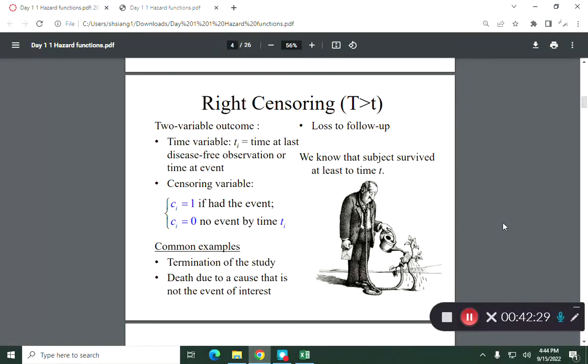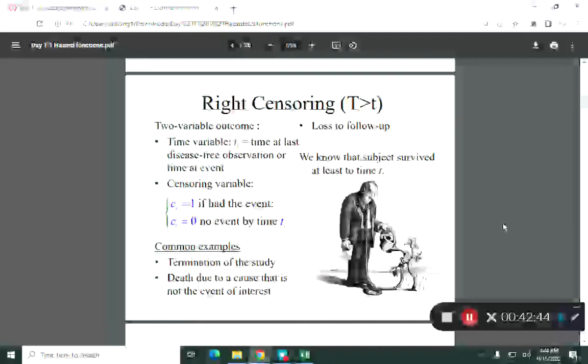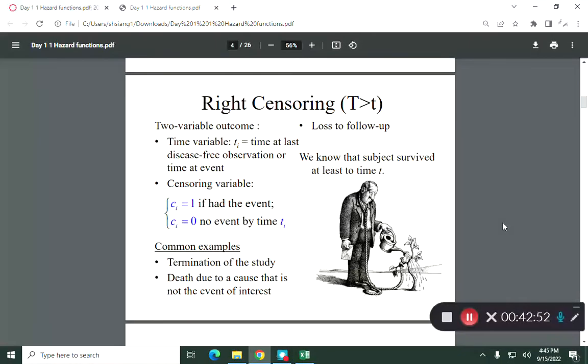Cohort means 2 groups, with the same age, same health condition, same everything. In these 2 cohorts, one group will have a placebo, which is not real medicine, and the other group will have the real medicine. Then we'll see how things are doing. Or there are 2 cohorts, one has medicine A, one has medicine B.